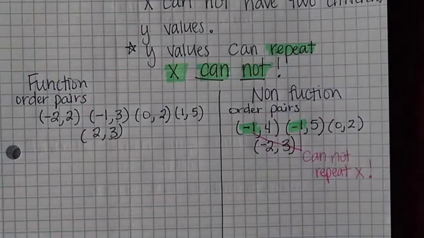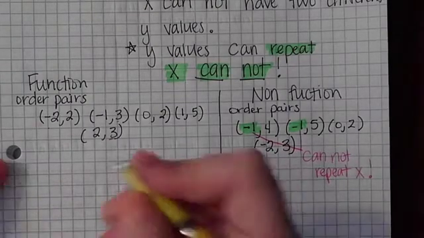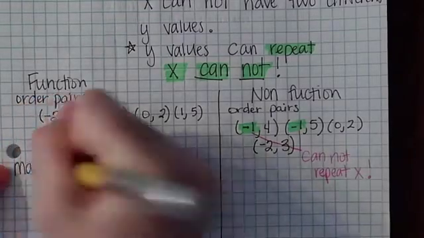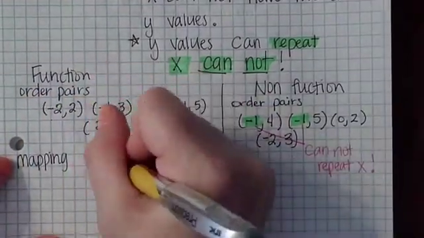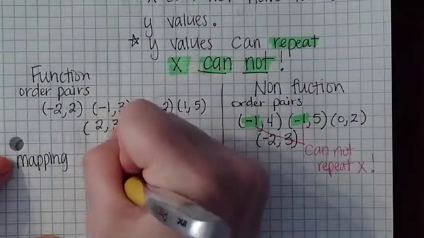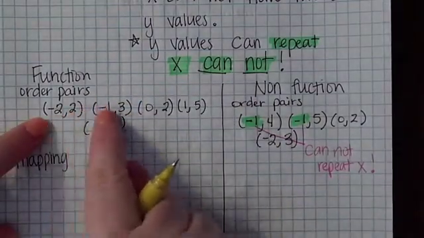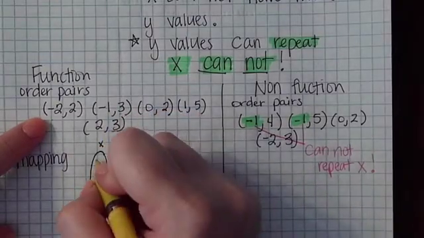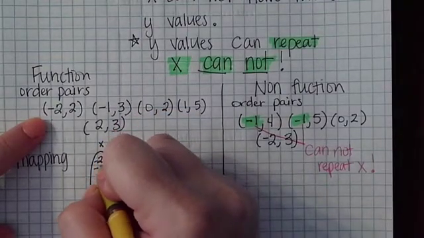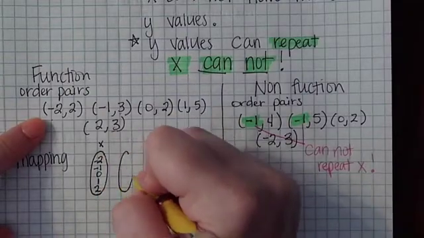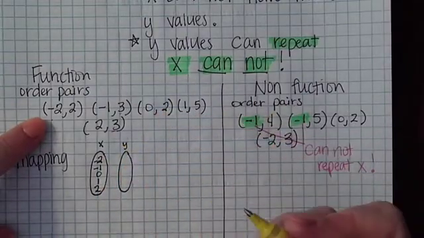Okay, let's go ahead and do a mapping one. And I'm going to use the same values each time just so that we're not getting new stuff every time. So notice I'm going to put my x values in this part of the map. So -2, -1, 0, 1, 2. And I'm going to put my y values.